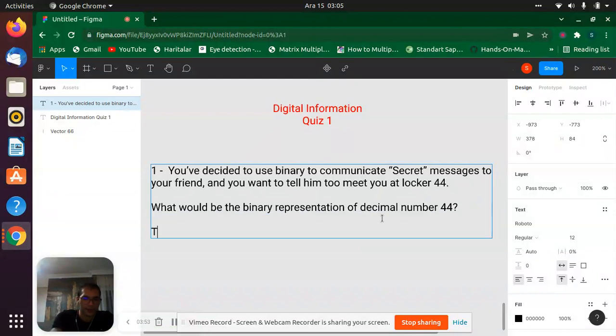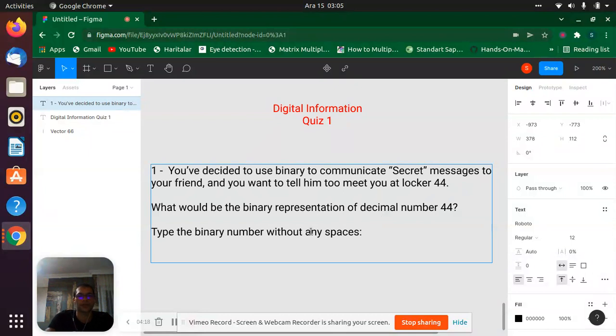Now we will also say: type the binary number without any spaces. It's good. Now this one is good.